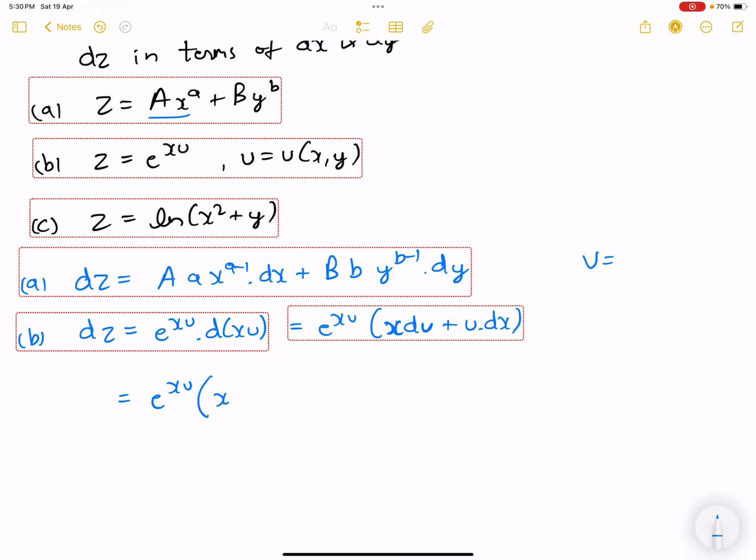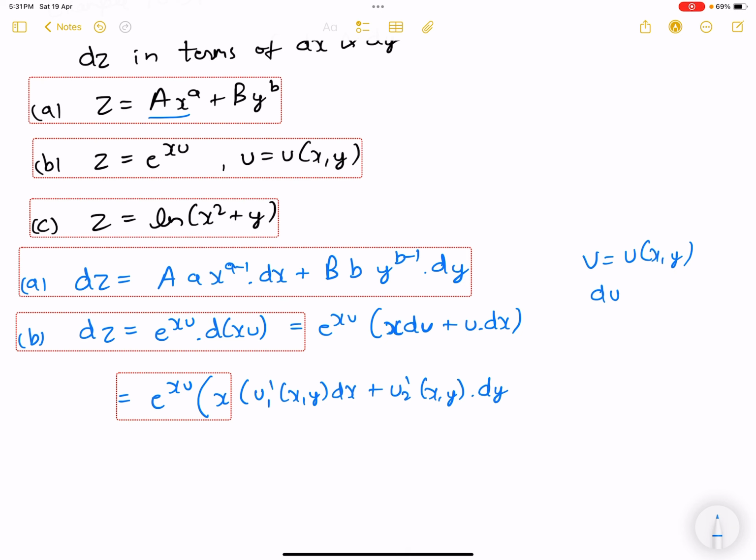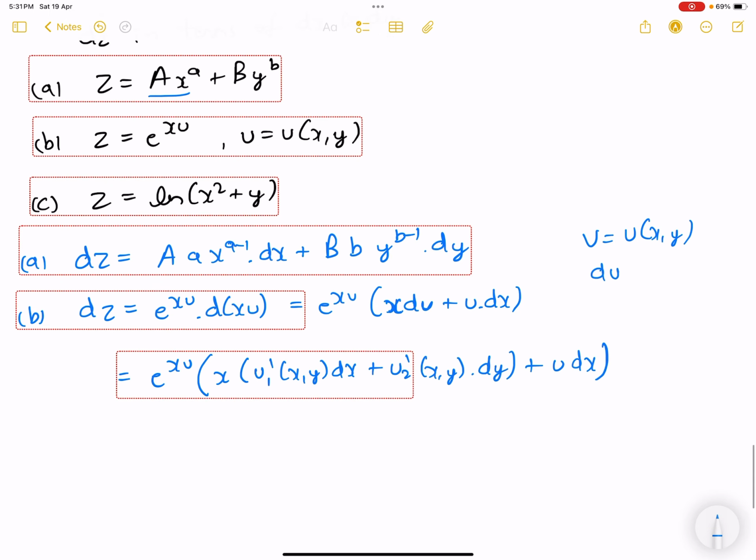Now u is a function of x and y, so du would be u1 dash xy with respect to dx plus u2 dash xy with respect to dy. I hope this is clear.